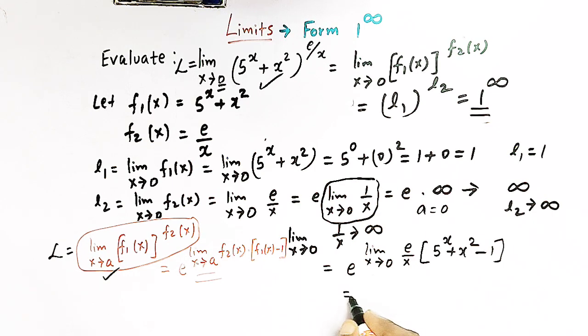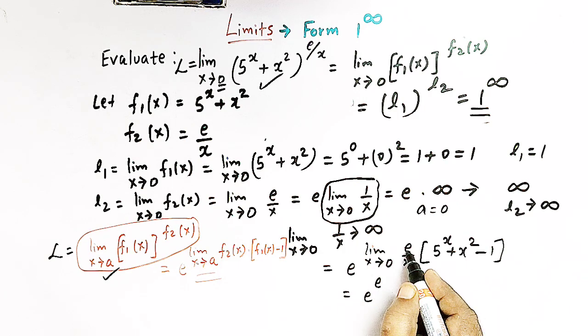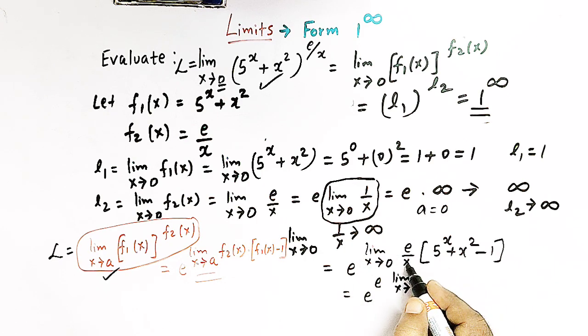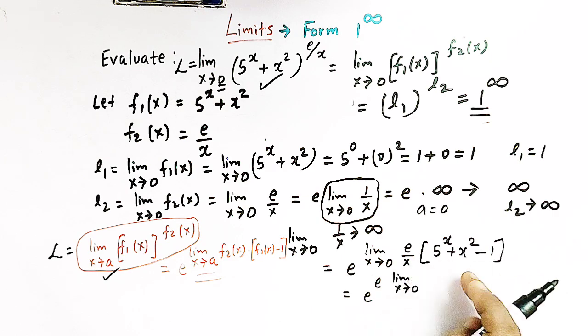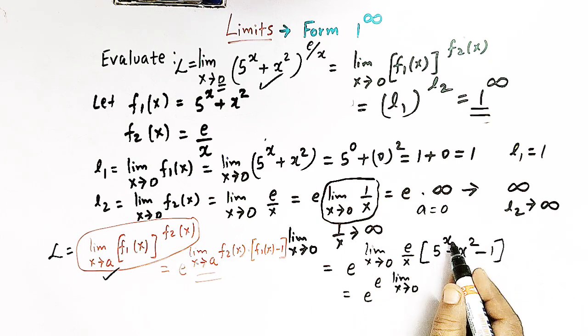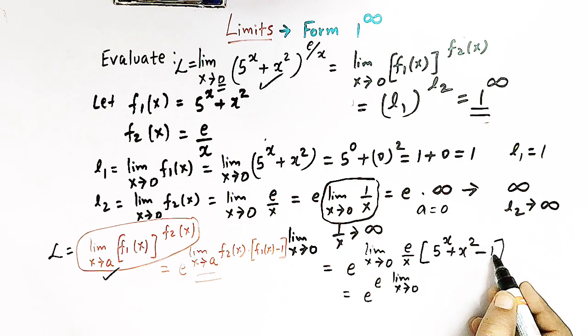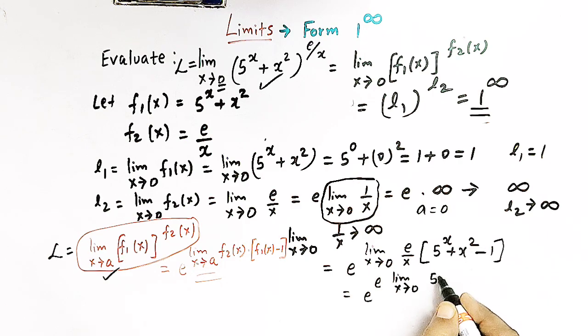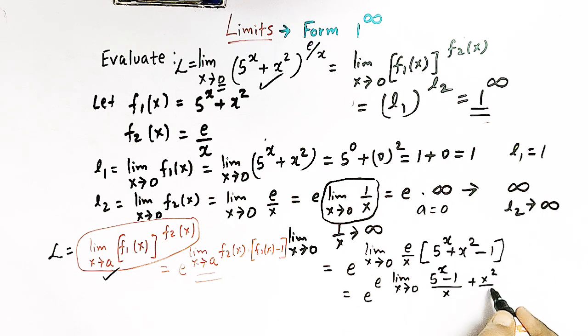So now we can simplify this limit. So we have e raised to, here we can take this e in front of limit notation, and we have limit x tends to 0. And now we can take this x in the denominator of 5 raised to x plus x square minus 1. That is, we can write (5 raised to x minus 1) over x plus x square over x, right?